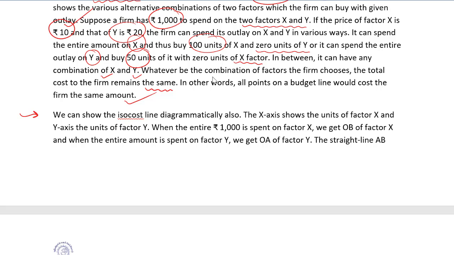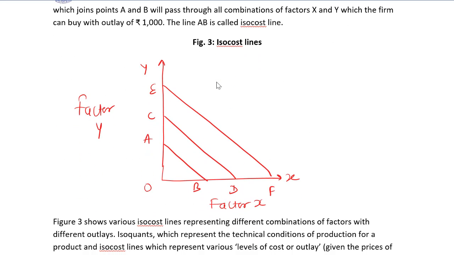We can show the iso-cost line diagrammatically also. On the X-axis, we have shown the units of factor X, and on the Y-axis, the units of factor Y. When the entire 1000 is spent on factor X, we get OB, and when the entire amount is spent on Y, we get OA. So on Y, we get OA, and on X, we get OB. I believe you understood.